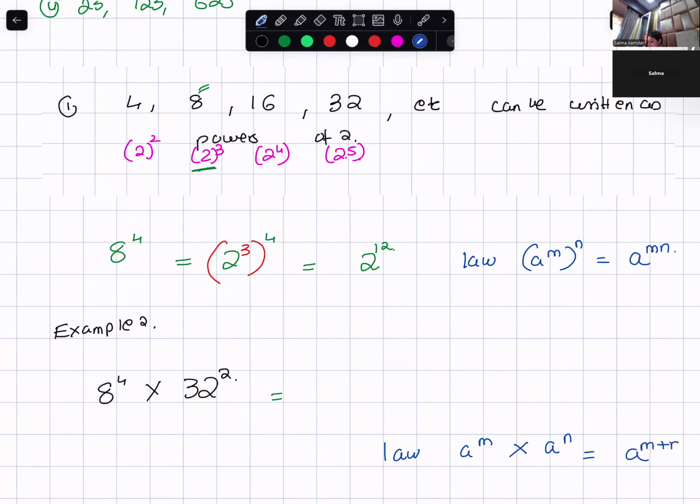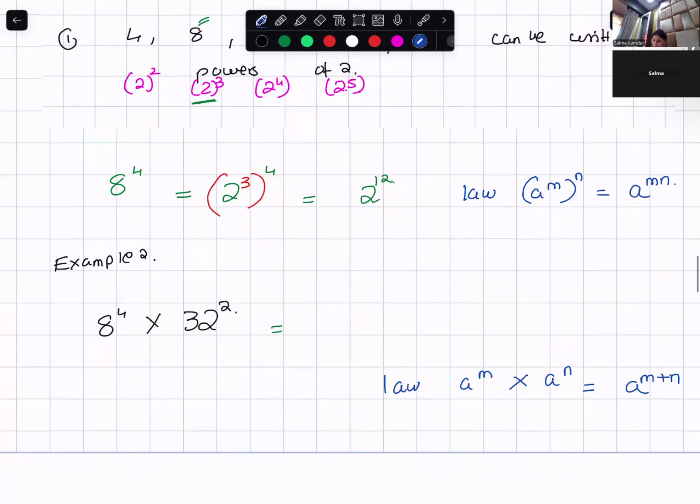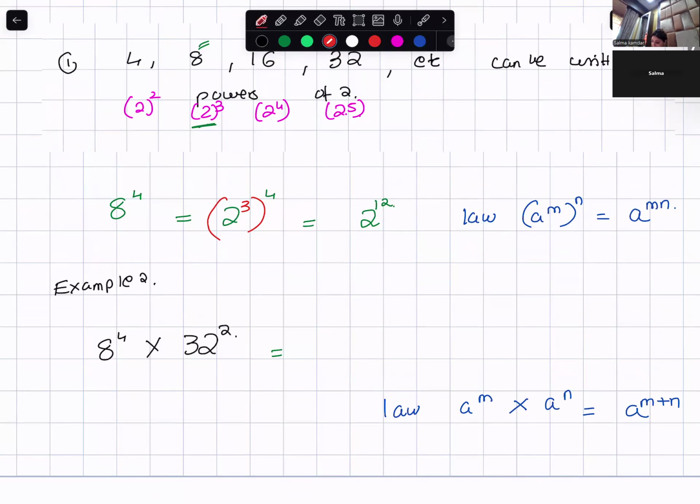Multiplication means addition, so it will be a raised to m plus n. So 8 is nothing but 2 to the power 3, the whole thing to the power 4. 32 is 2 to the power 5, the whole thing to the power 2.